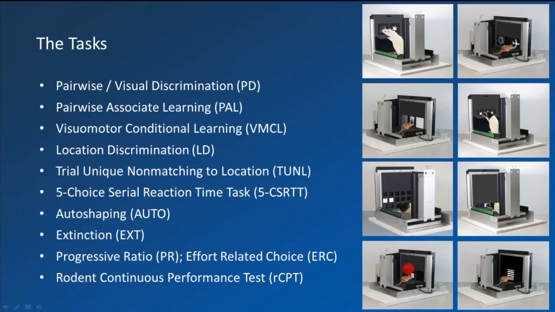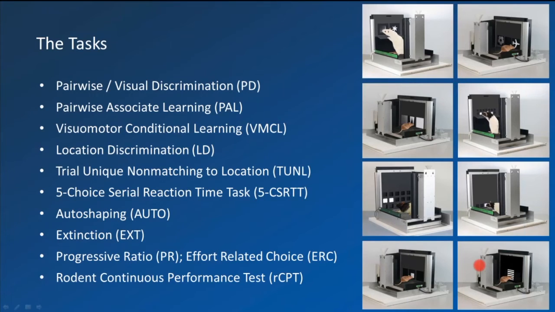The mouse is required to touch that stimulus progressively more times to get reward. Initial work indicates that the touchscreen PR task produces less variable data and is more sensitive to manipulation which promotes PR performance than the equivalent lever pressing task.